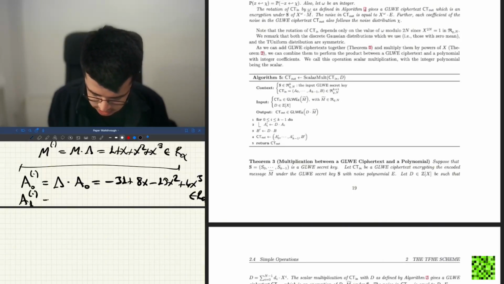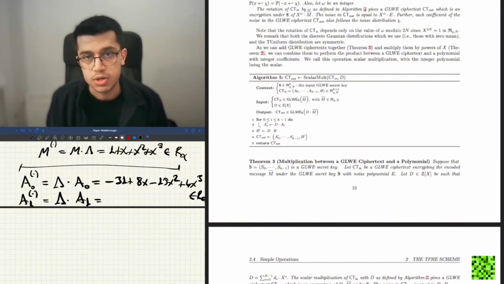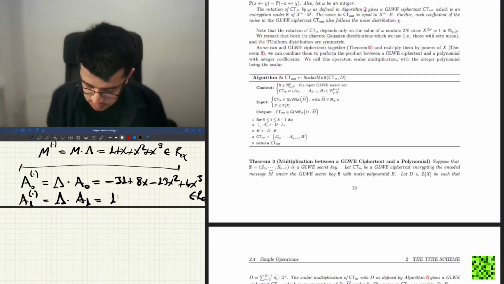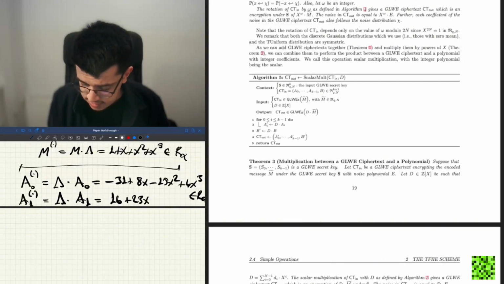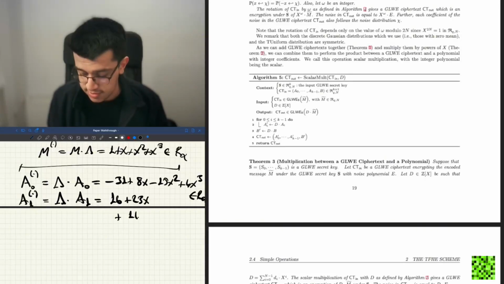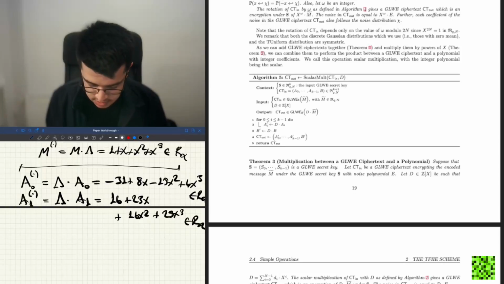A1 dot is equal to alpha times A1, which is equal to 16 plus 23x plus 16x squared plus 29x cubed from R_Q.